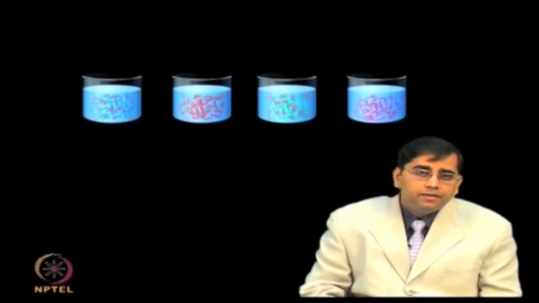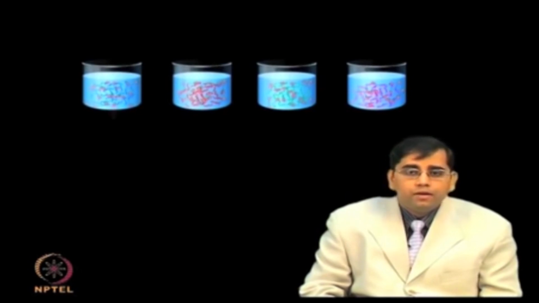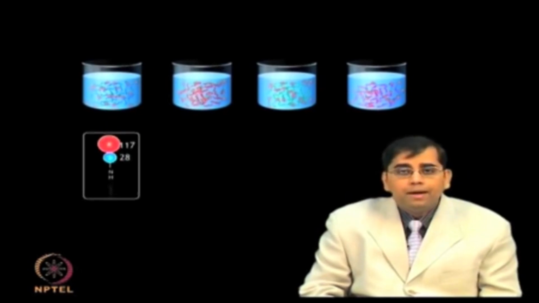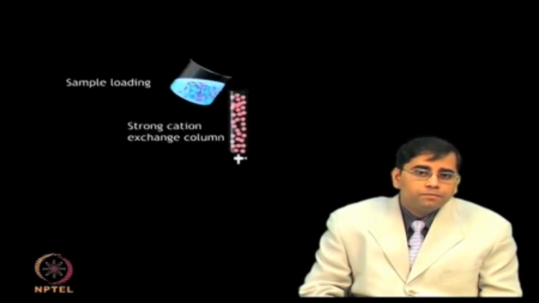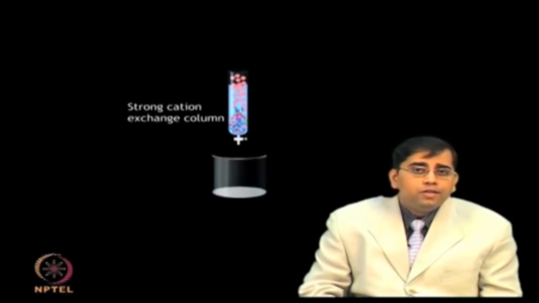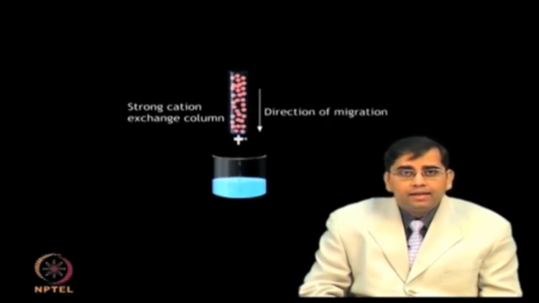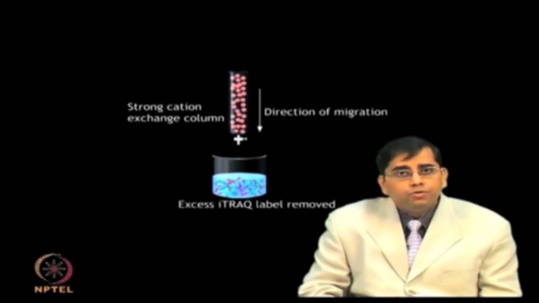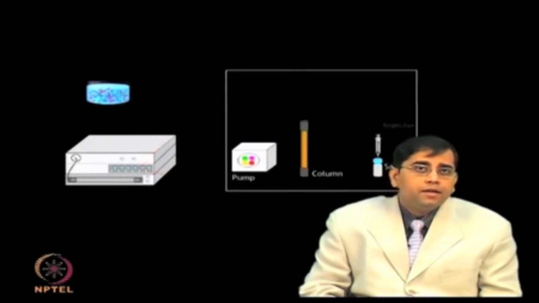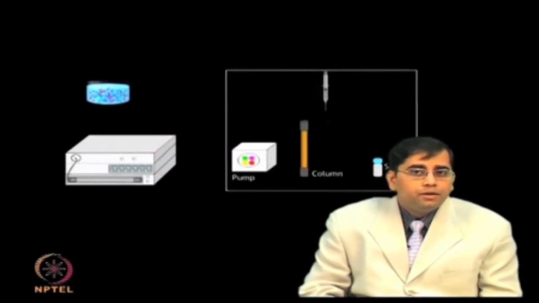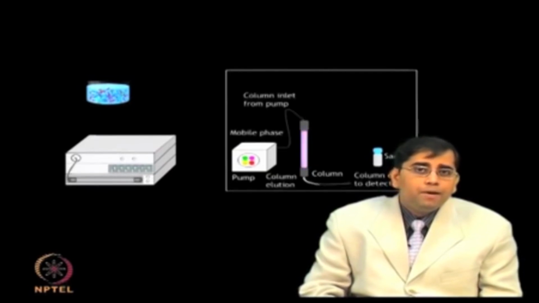An iTRAQ reagent consists of a reporter group, a balancer group and a peptide reactive group. Pooled samples are purified on a strong cation exchange (SCX) column to remove the excess unbound reagent. These isobaric labels are detected upon fragmentation and release in mass spectrometry.